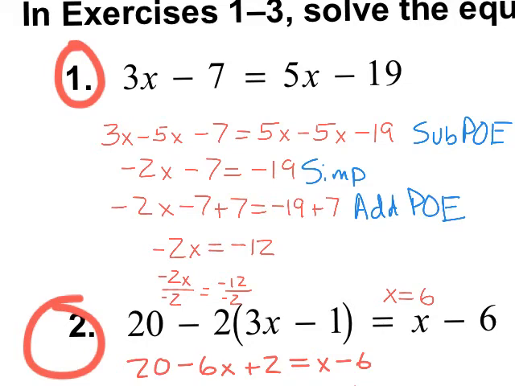Okay? Then I simplify, right? I combine my like terms. Don't just add in the divide by 2 on this line, right? We've got to write out a separate line each time. So to get rid of that negative 2, I have to divide by it. So here's my division property of equality. And then my last step is just simplify for my final answer over there.